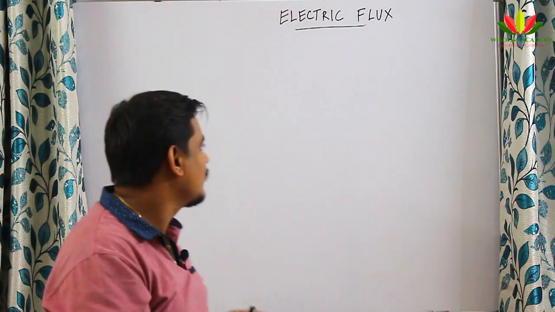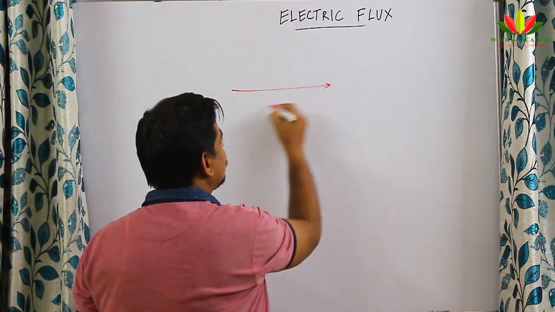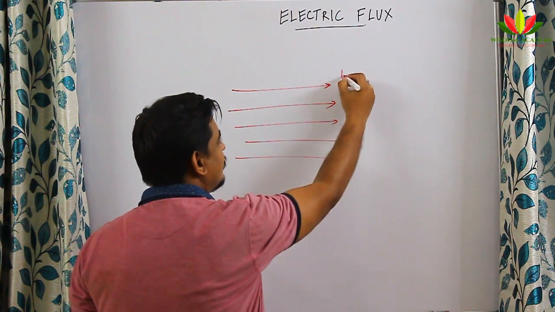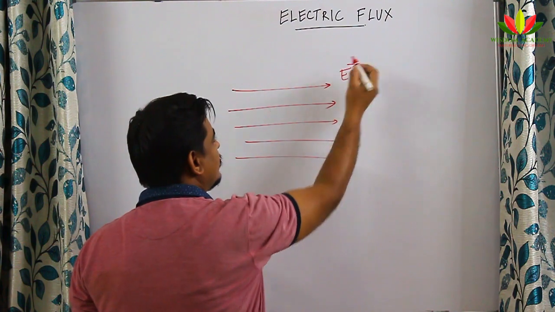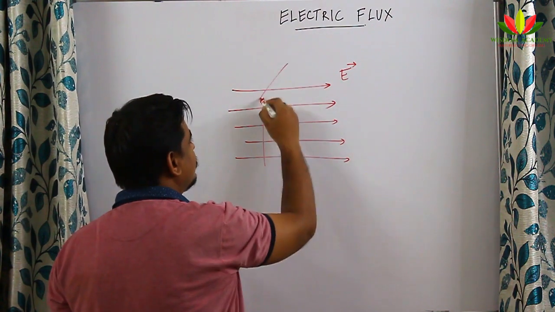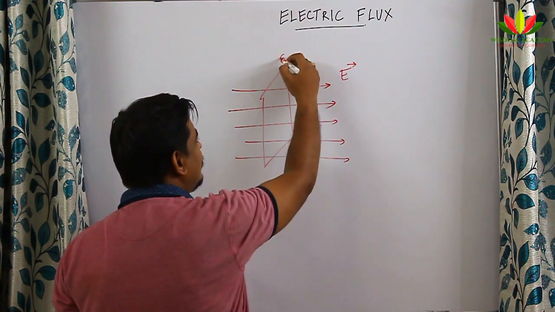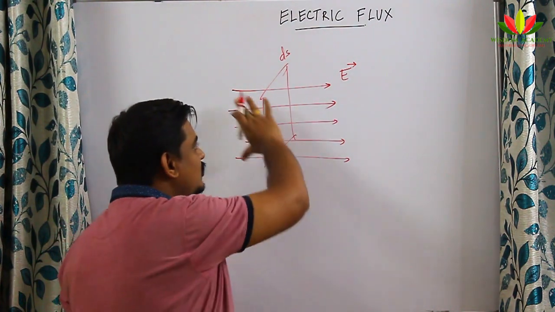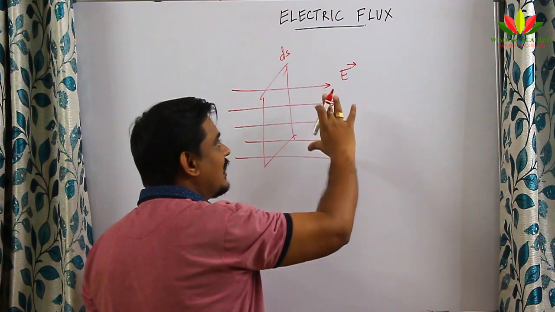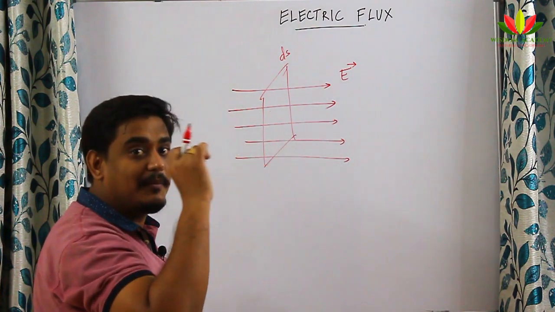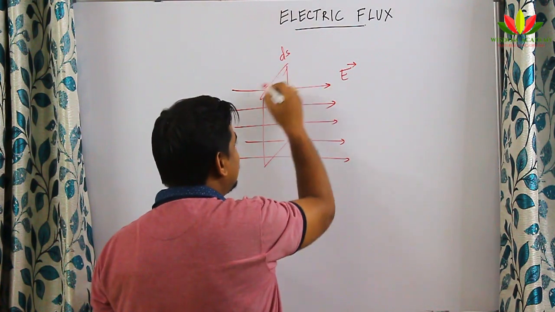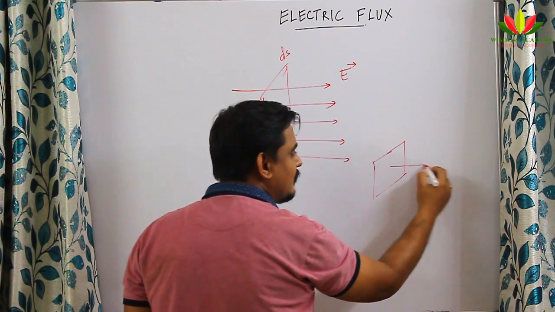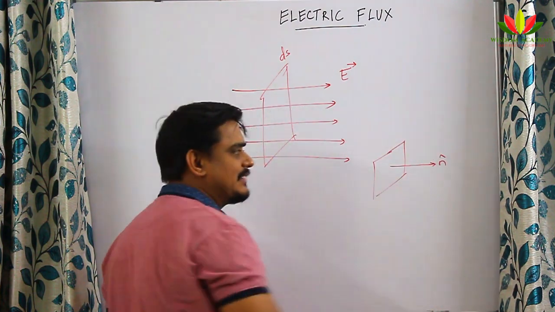What I am meaning, suppose there is an electric field like this, this is the electric field and this is some area, let the area be ds. So we must see how many lines of forces are passing which are normal to the area. So if this is the area, what will be its normal component? This will be its normal component. I write n cap as the direction of it.